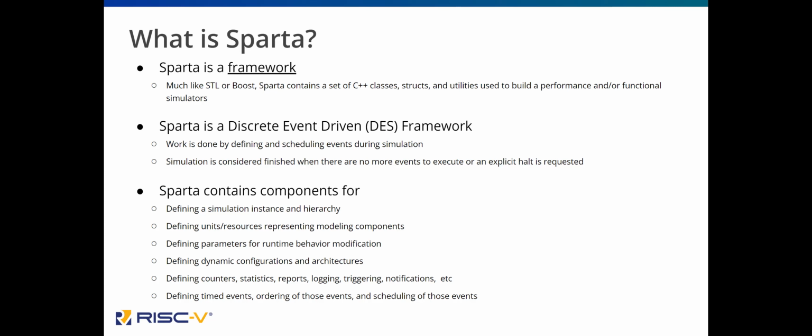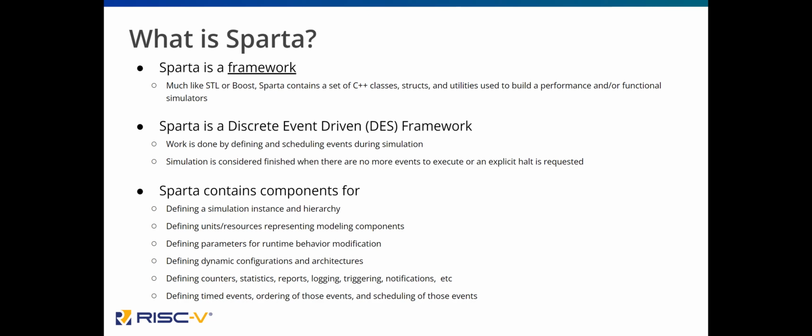Sparta consists of components by which one can define a simulation instance, define a hierarchy of components, and define specific units and resources analogous to the hardware units that we want to simulate, with parameters by which you can configure these units.